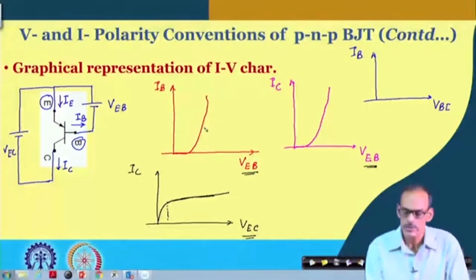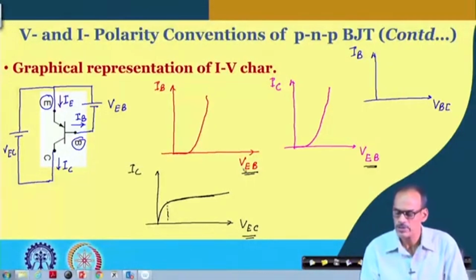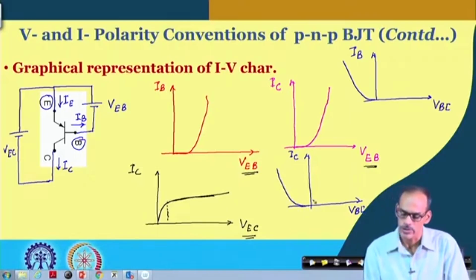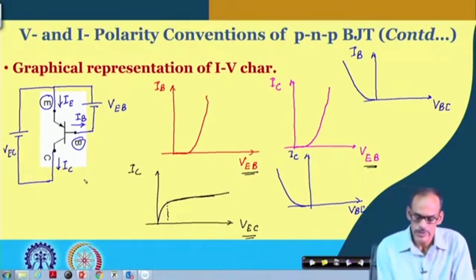It is supposed to represent this characteristic, and since we are flipping the polarity of the voltage, this will move to the second quadrant. Likewise, if we plot IC versus VBE, here also, if we change the polarity of this bias, it will be in this quadrant. And if we consider IC versus VCE, that will be in the second quadrant.